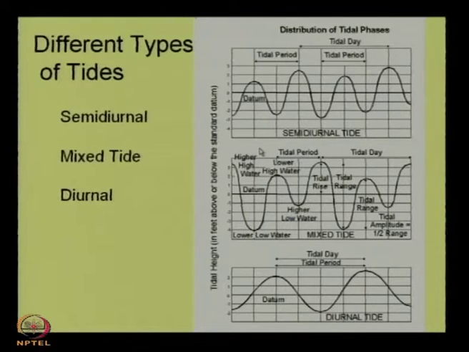What is important is that the water level rises and falls and rises again, it is a periodic thing. And in this semi-diurnal tide, it rises and falls by approximately the same amount every time. And this is a tidal period. So, the time duration between two maxima is the tidal period.